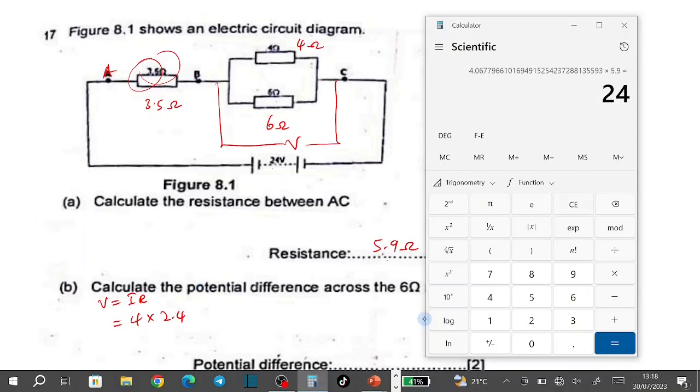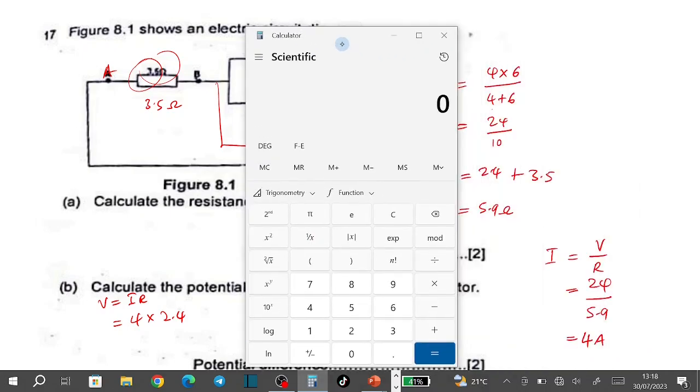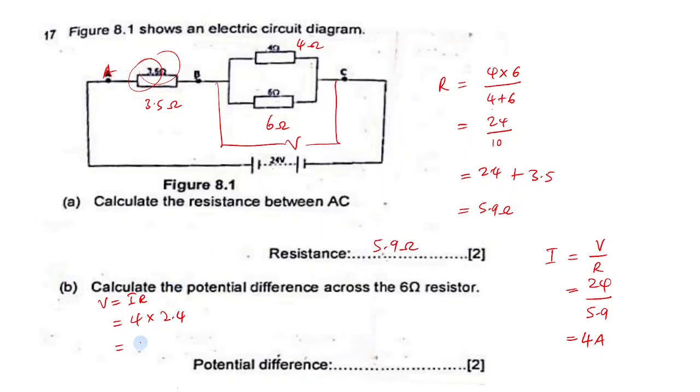So let me do it like this. I want first to use that current, 24 divided by 5.9. I want to use this current here times 2.4, this resistor here, which gives 9.76 volts.